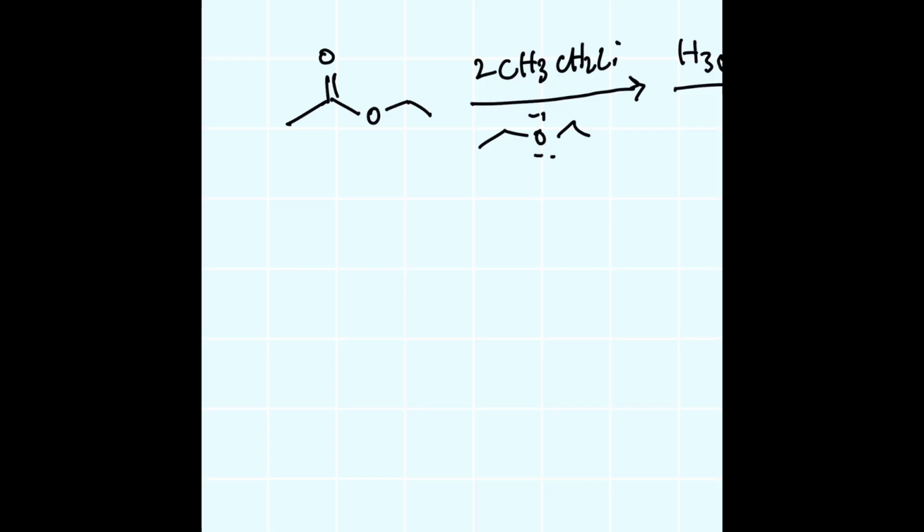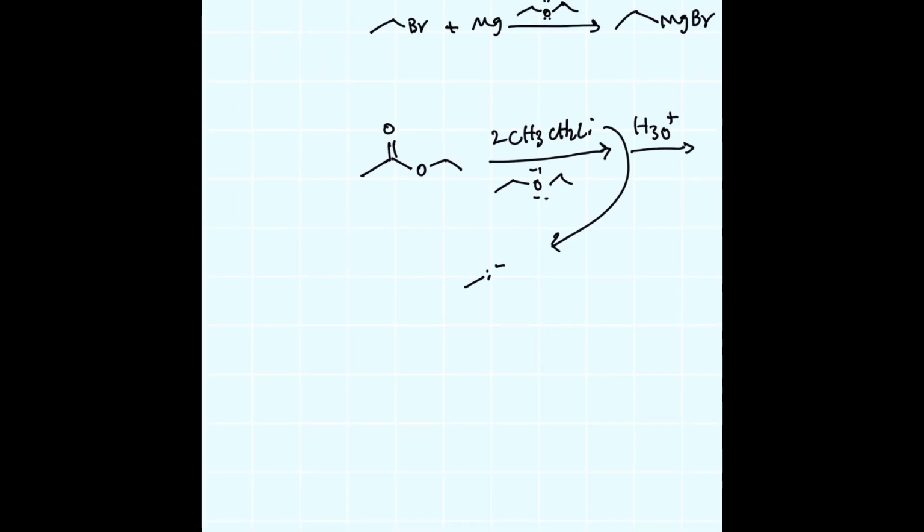So we have ethyl lithium, and we know that it's going to give us this species right here. So I'm going to draw an arrow. Actually, my bad. Right here.